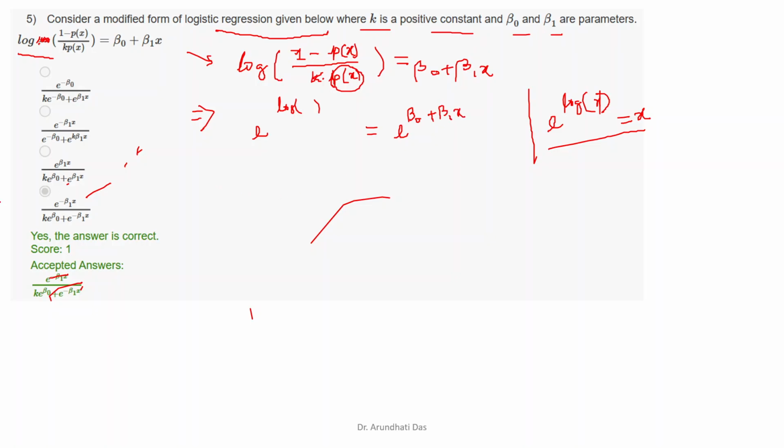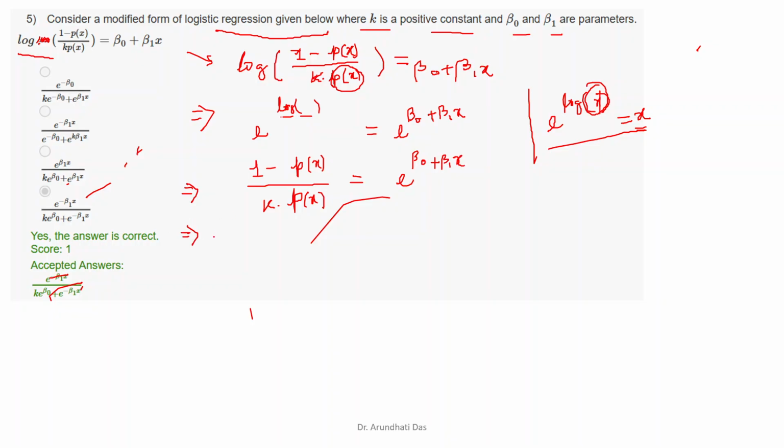This will give further simplification. Whatever is in the power term, the logarithm of that particular value, if it is x, then the final output is x, right? So here it will be 1 minus p of x, which was inside that logarithmic term, divided by k p of x, which is equal to again e to the power b naught plus b1 x.